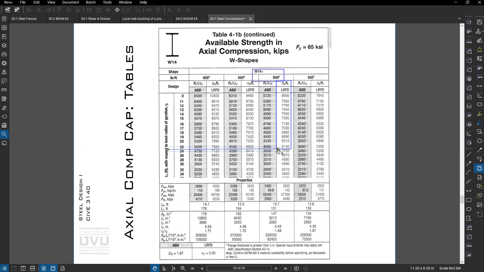So I come over, I've got 6,140 kips of capacity, which is huge. So that would be like a big commercial or industrial type building column where you need that much juice. The table also has some other helpful things that we can get into in class if you want to know more about how to use this table.